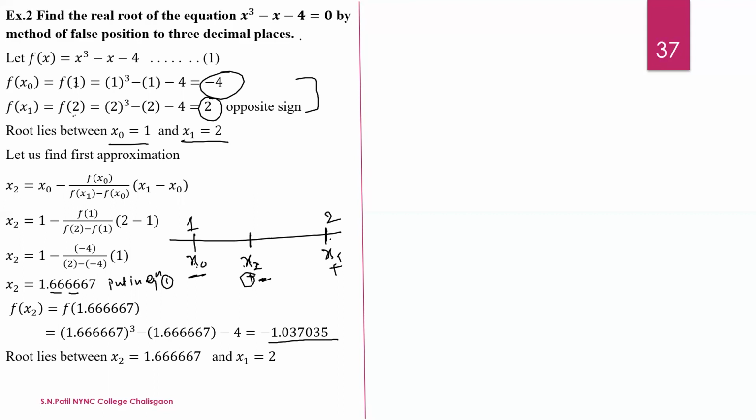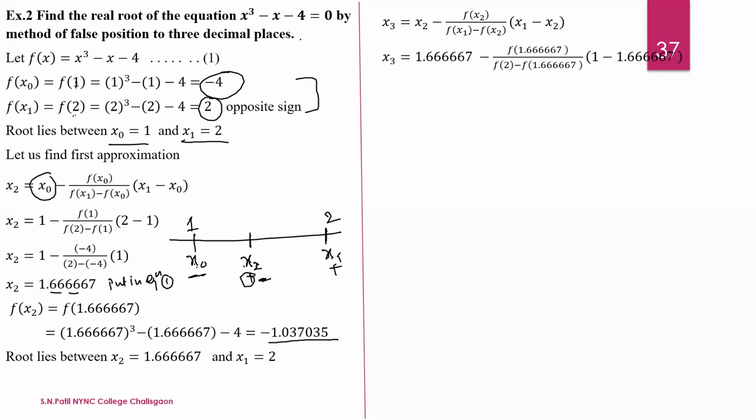Now the next approximation, x3. Now instead of x0, write x2, and keep the remaining value x1 as it is. Substitute the value of x2 and its image, x1 and its image. Now substitute the value of f of 1.66667 and f of 2, which is 2.